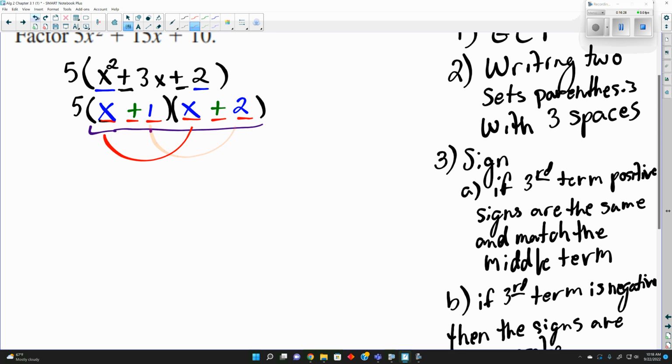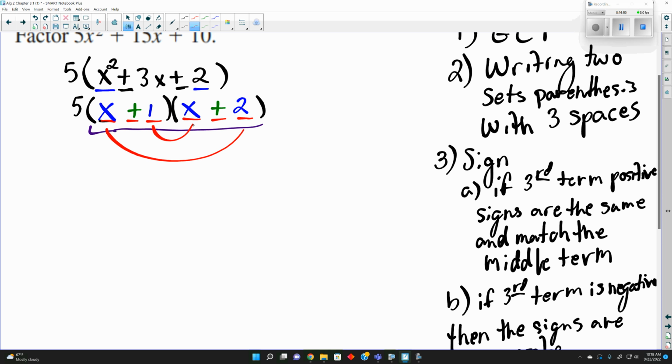So really, what we're focusing on is less the factors of the first or third term, but the middle. The middle term is the one that normally changes, depending on the setup. So you can go on and do the whole multiplication, but the main one I focus on is this here. X times 2 and 1 times x.